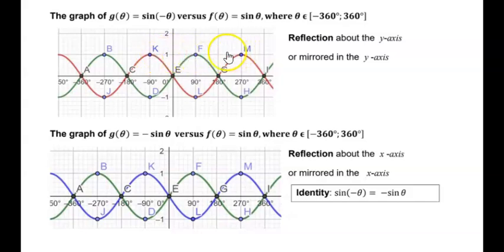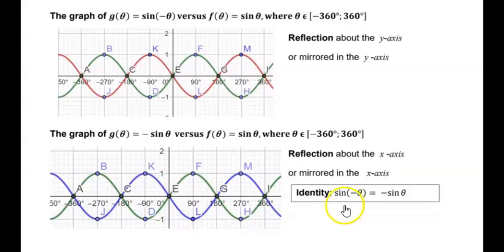What happens at M happened at B before, etc. And in the case of this function, we have a reflection about the x-axis. In the end, we see these two graphs are exactly the same, so we have the identity that sine of minus theta is equal to minus sine theta.